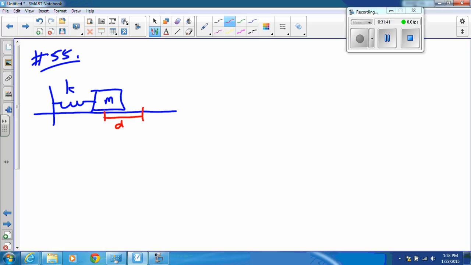They have us compress it a distance d from equilibrium, and now they release it. When they release it, it fires off this way, but it gets out to a distance d1, which I've drawn badly because d1 is substantially less than d. And it stops and it turns around.